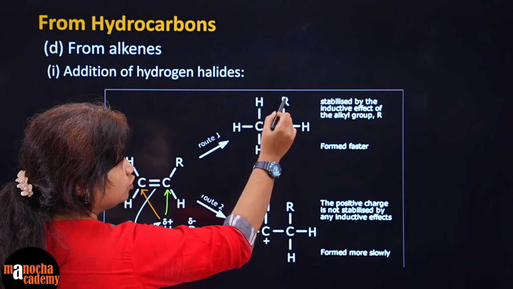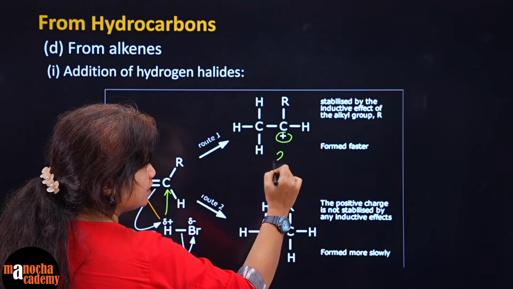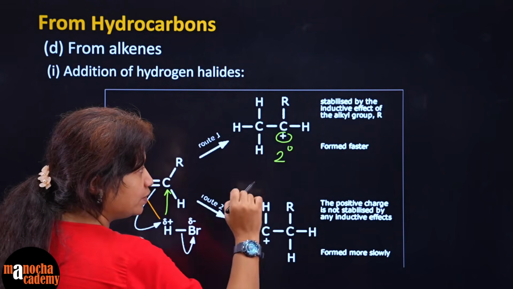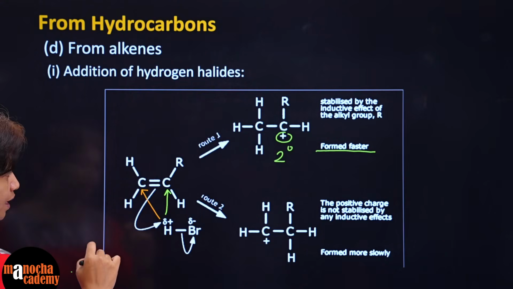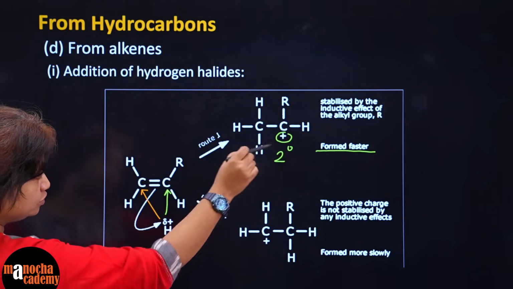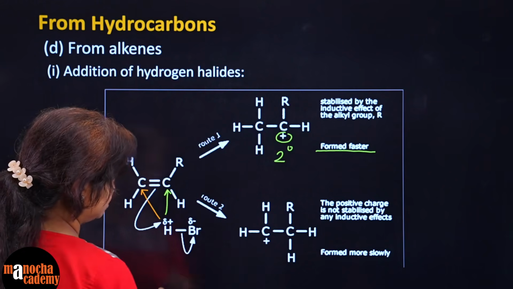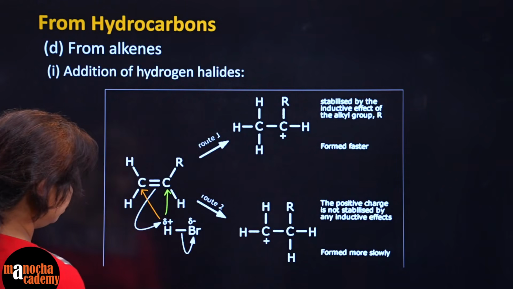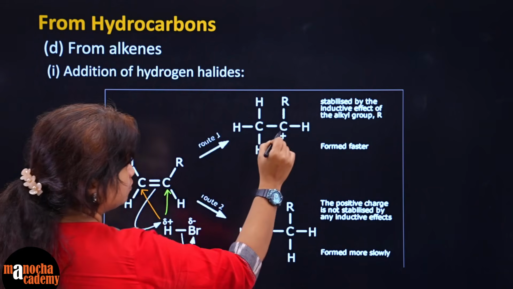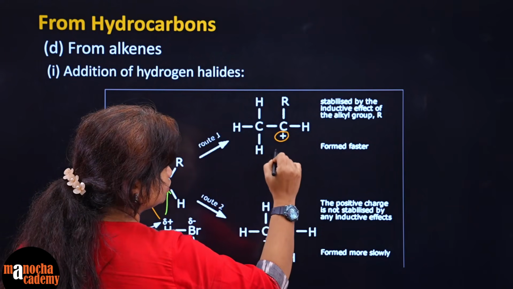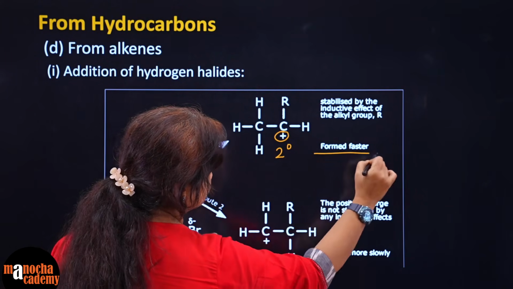This carbon is bonded to 2 carbon atoms, so it's a secondary carbocation, which is more stable, so it forms faster.